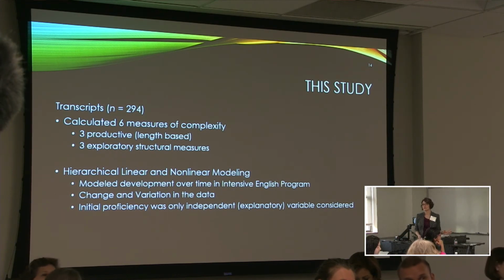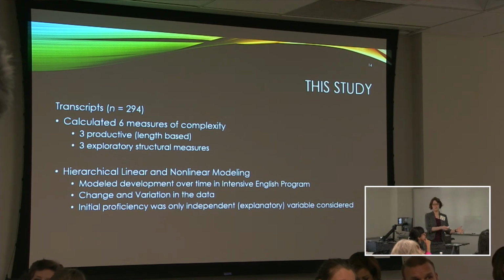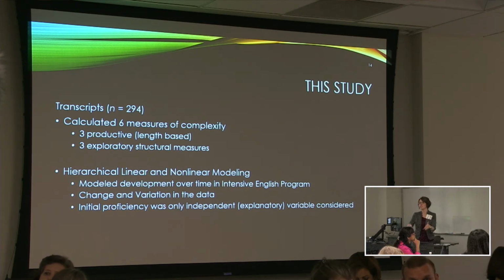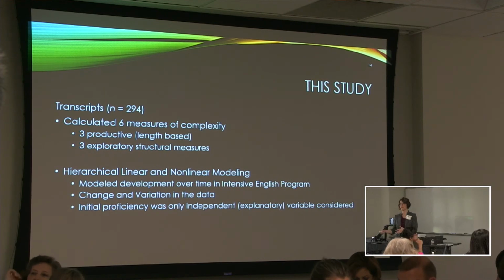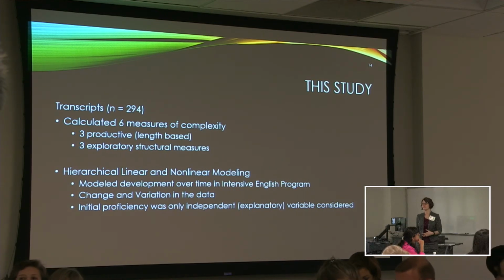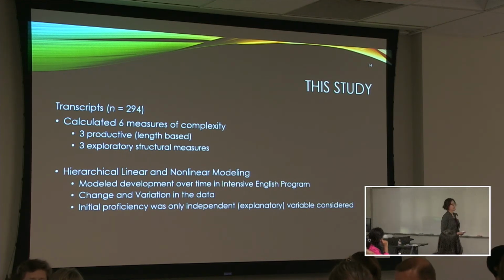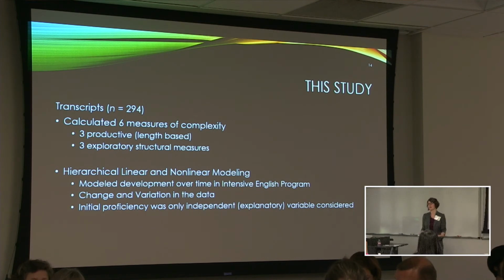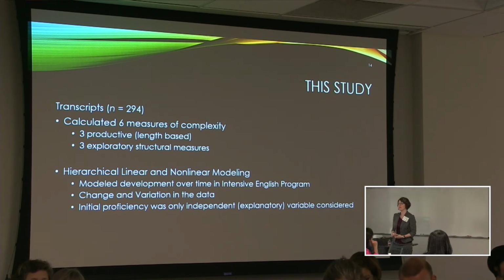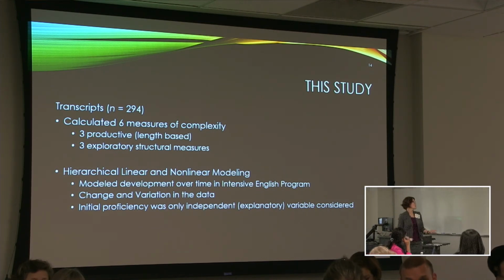And I used hierarchical, linear, and nonlinear modeling to try to model the development of each of those measures. So I have 6 different models over time in an intensive English program. The lovely thing about hierarchical linear modeling is that it's sort of like repeated measures ANOVA, but way, way better.